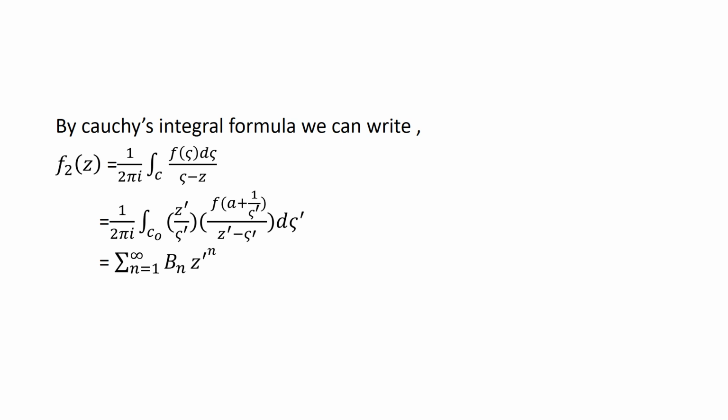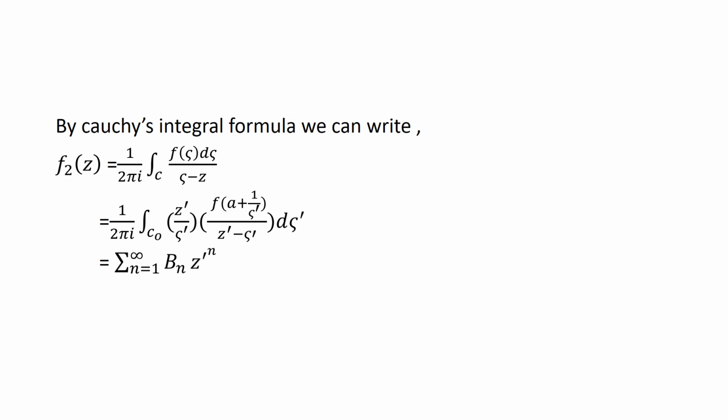Now we substitute what we have calculated. That is, instead of f of zeta by (zeta minus z), we write in z dash and zeta dash. Therefore, this becomes 1 by 2 pi i integral over C naught z dash by zeta dash f of a plus 1 by zeta dash divided by z dash minus zeta dash into d zeta dash.